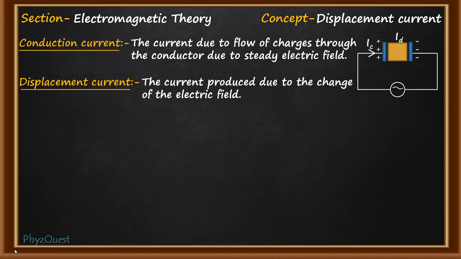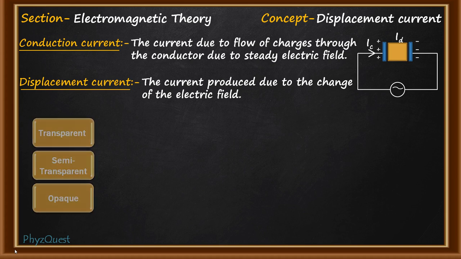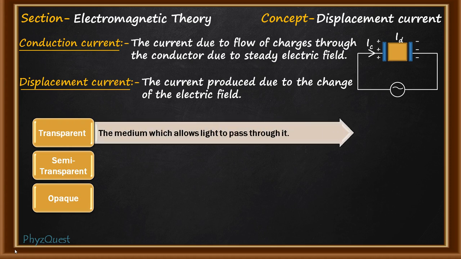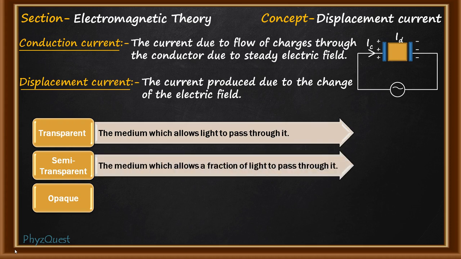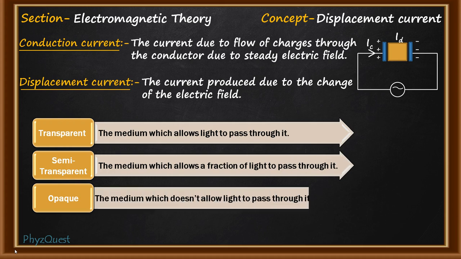Now there can be three types of medium: transparent, semi-transparent or translucent, and opaque. A transparent medium is a medium which allows light to pass through it. A semi-transparent or translucent medium allows a fraction of light to pass through it, and an opaque medium does not allow light to pass through it.